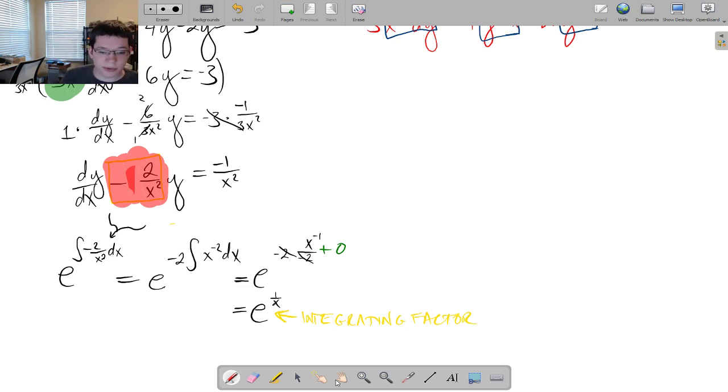So our next step is going to be to take this integrating factor and multiply it through our whole equation.